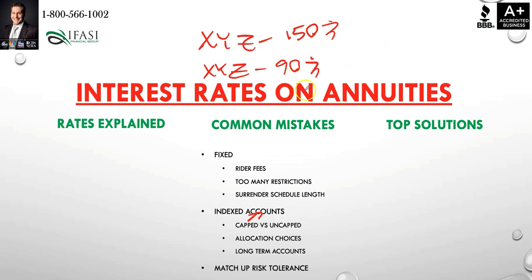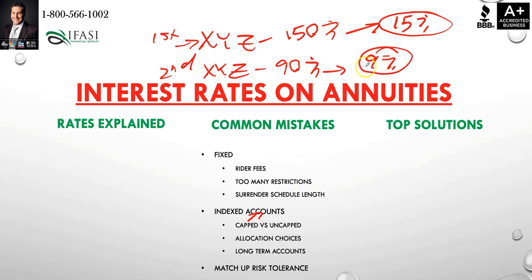In that example, if all other aspects of those accounts are pretty much identical, with the first company, if this index gains 10%, this individual is receiving a 15% credit on their account. Versus the second company, if this index gains 10%, this individual is only receiving a 9% credit onto their account.